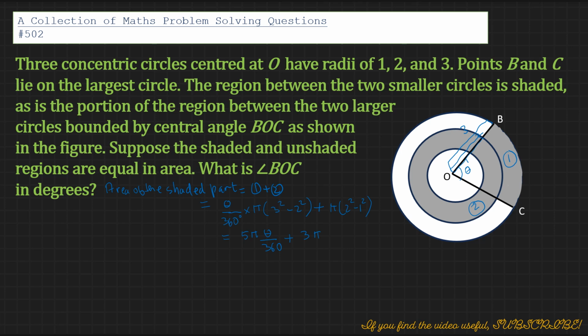Now the unshaded part. If I were to call it M and N, so that would be M plus N, and that is equal to, now M is easy enough with a radius of 1, so that would be pi times 1 squared, and plus N is simply the area of the outer circle minus 1, so we already know what 1 is.